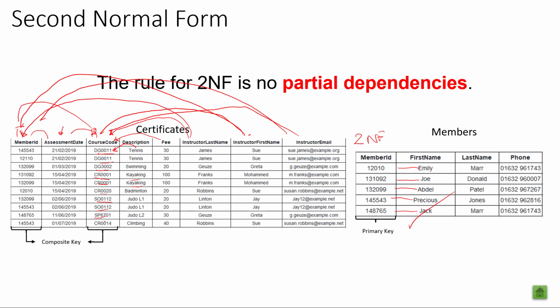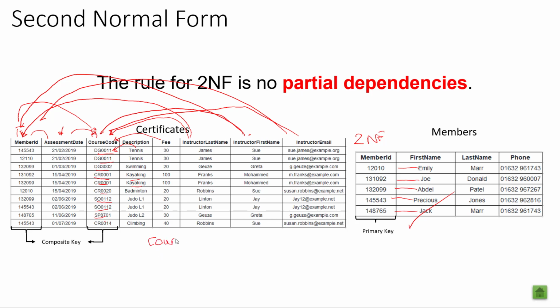Okay. So what I would do is look at this and go, right, the course code here. If I take out and add a course table, in my course table, what could I take out?